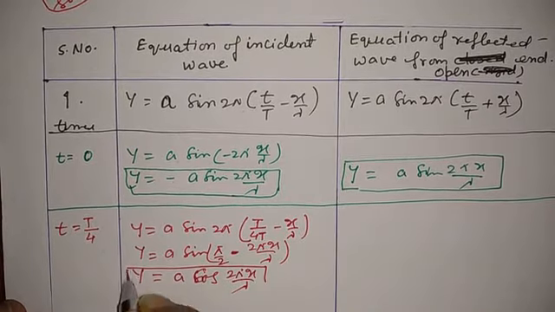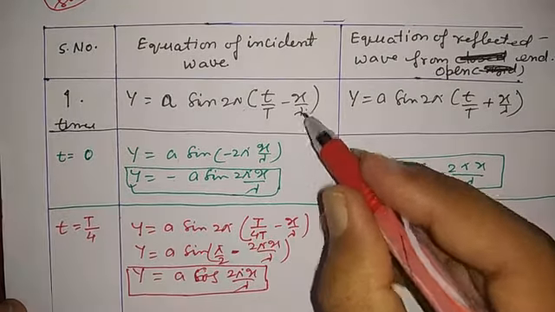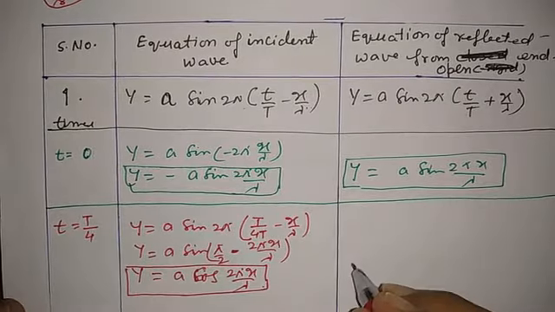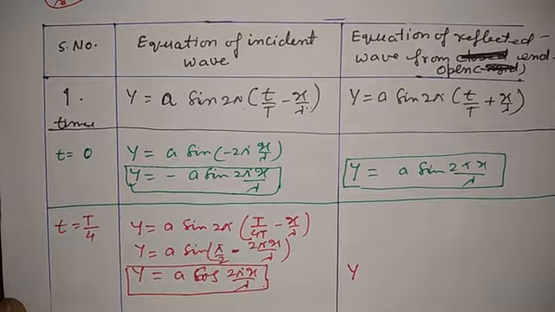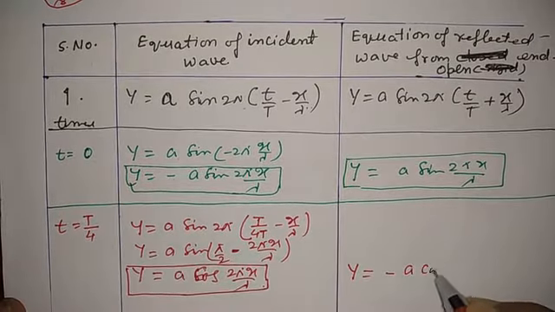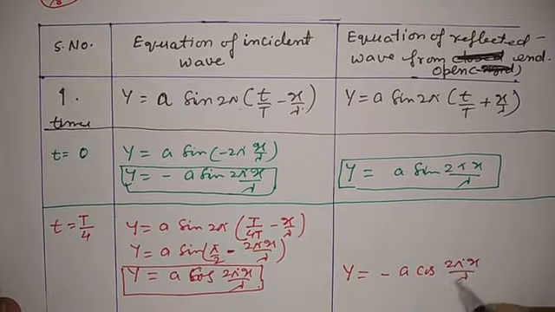So see the shape of the incident wave. This equation is transformed into it. The resultant wave is represented by minus a cos 2 pi x by lambda.